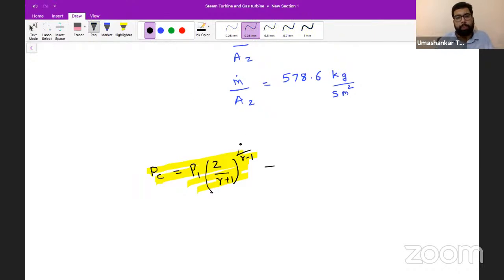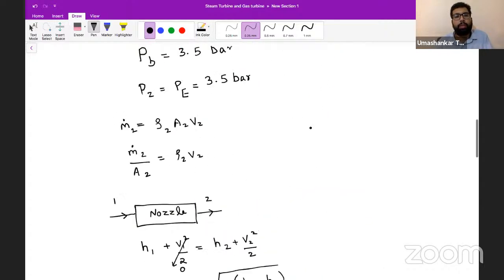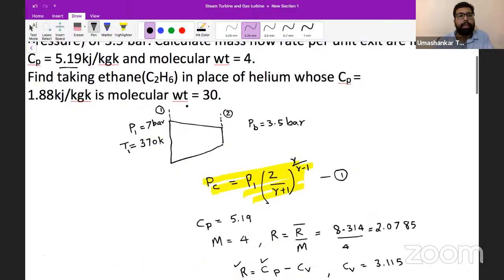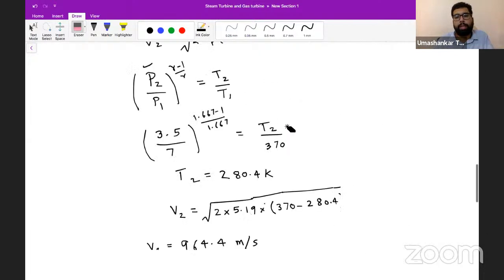So for that, you have to find the value of gamma. In the question, what is the value of gamma given to us? Gamma is not given. In the case of ethane, Cp is given as 1.88 kilojoule per kg Kelvin.